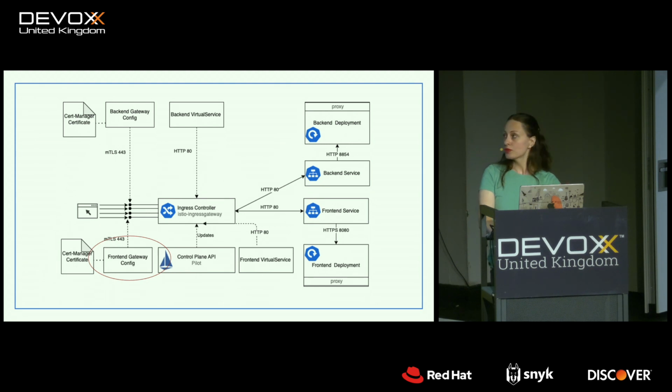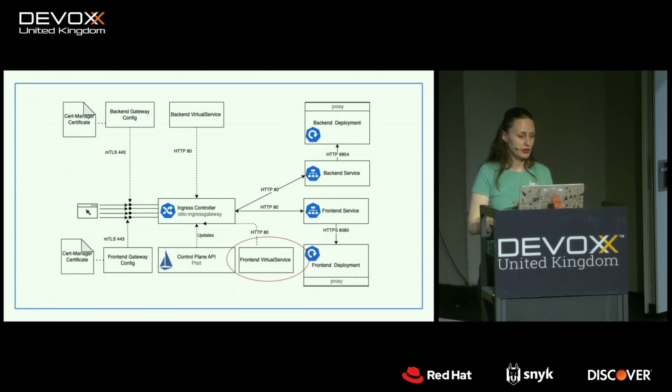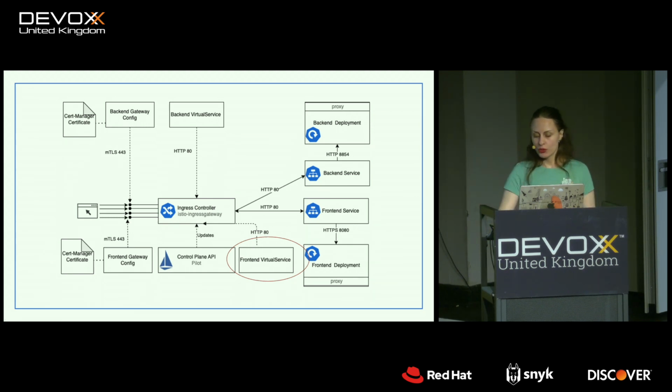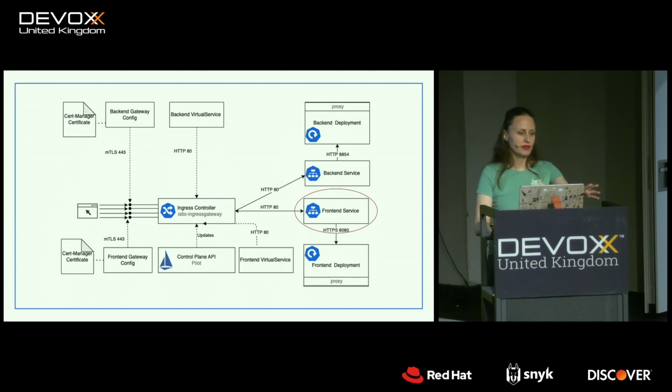So it comes to the front-end config on port 443, goes to the virtual service, and I hope this is visible at the back. The virtual service has port HTTP 80, so there's no more need of HTTPS 443 and all the other stuff. So we can just go with 80, and then the same things: forwarding to service, going to the backend, and so on. And similar things apply to the backend as well.